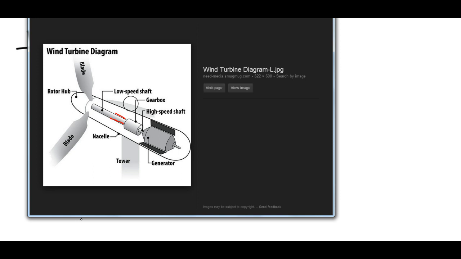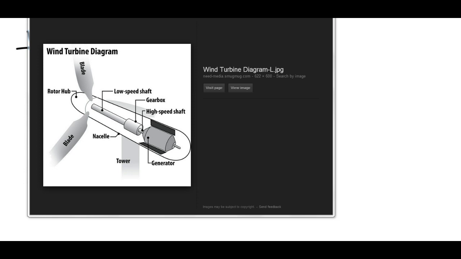Now, when that low-speed shaft turns, it causes some gears inside of this gearbox. The gears aren't shown, but there are these gears, and they cause the low-speed shaft to produce even much faster rotation in this high-speed shaft, and the high-speed shaft is thinner, right? So we produce higher speed rotation through the gearbox.